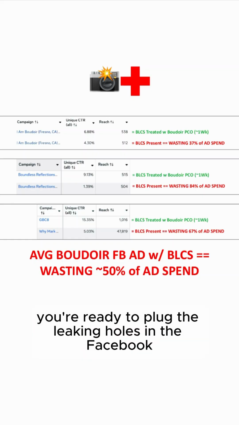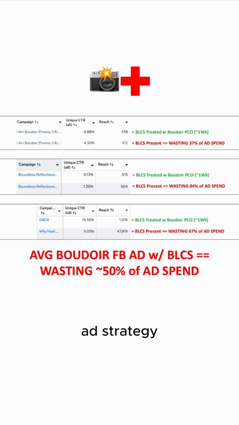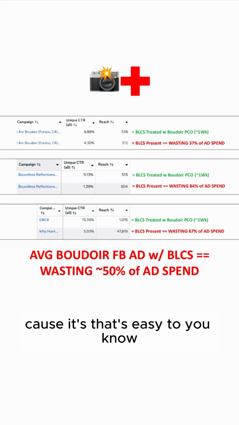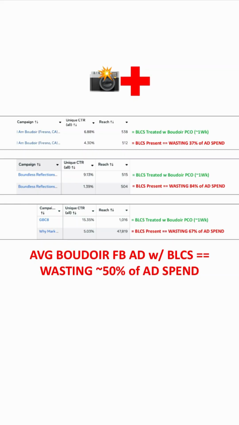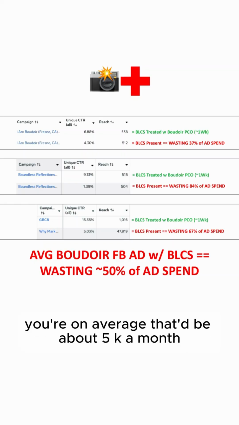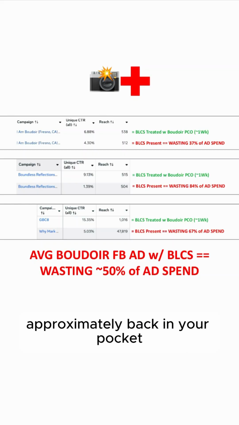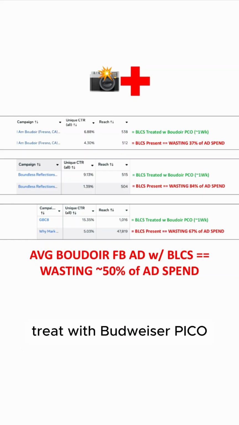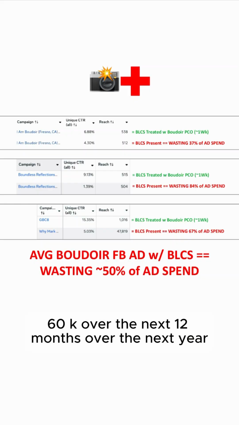Now you're ready to plug the leaking holes in the Facebook ad strategy, because that's easy, just eliminate the waste. And you actually want to keep more money in your pocket. On average, that'd be about 5K a month, approximately, back in your pocket. Treat with Boudoir Pico, and approximately 60K over the next 12 months, over the next year.